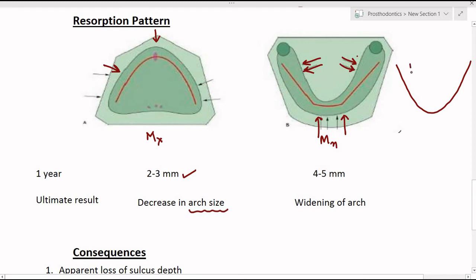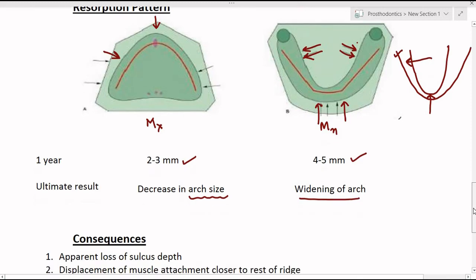If originally it was here, like this, here it is decreasing, so it goes in this direction, and then from here it is going in this direction, so eventually it will become this. So there will be a widening of the arch. And like I told you, as a general rule, there's going to be more resorption in mandible. So 4 to 5 mm in 1 year. So these are the resorption patterns.